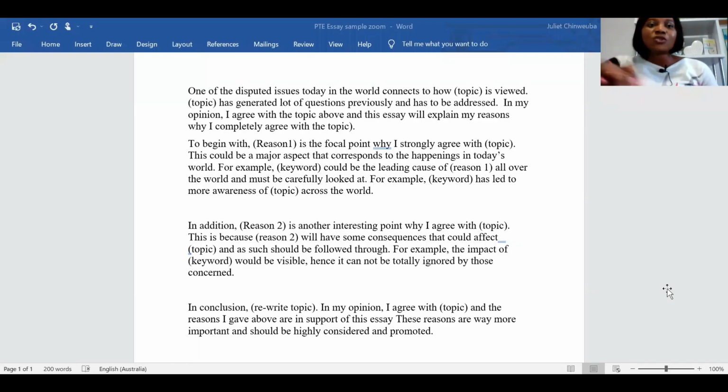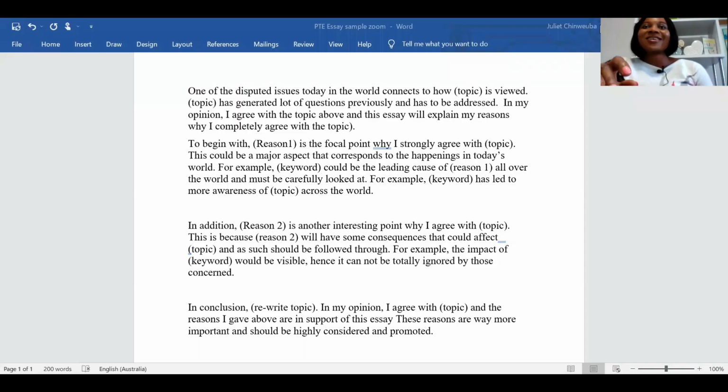Okay, so here is the Word document for this essay. This is 200 words. Oh, sorry, not this one. I showed you the wrong one, sorry.